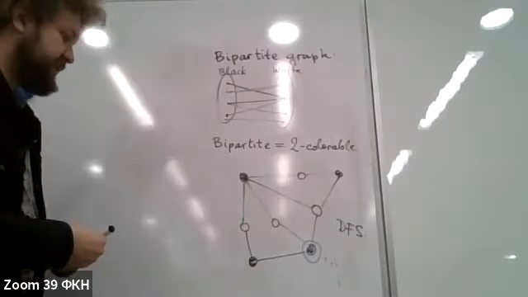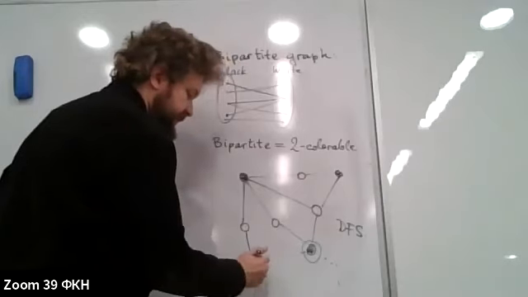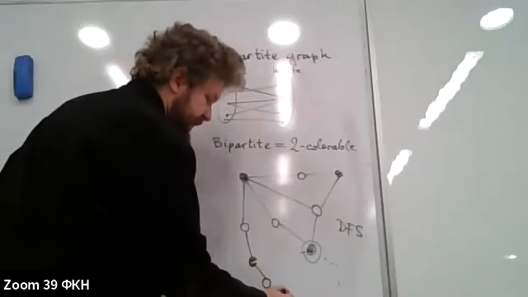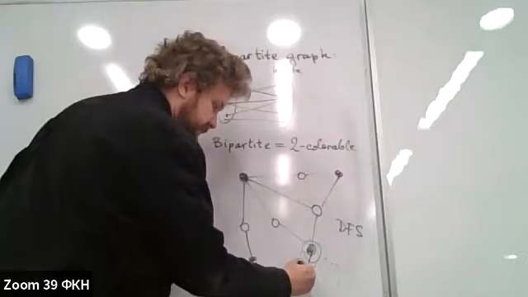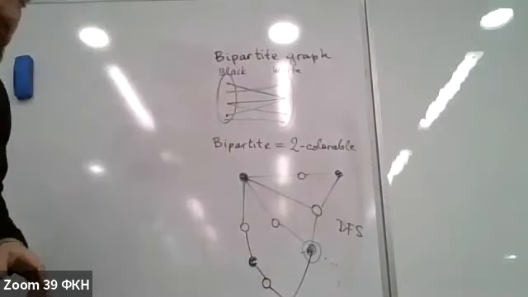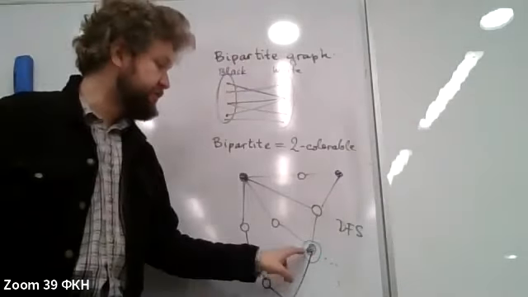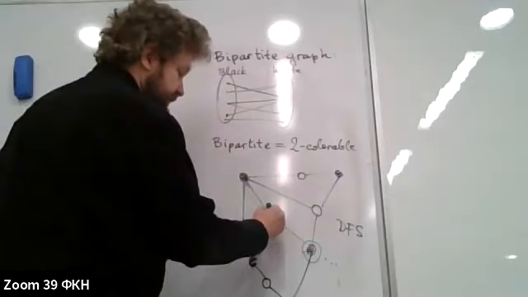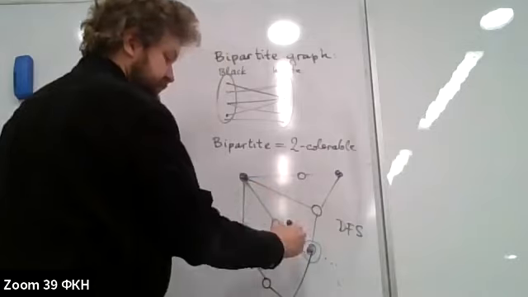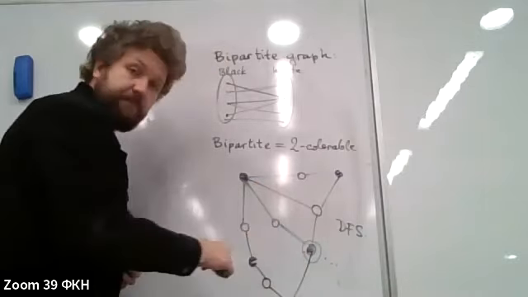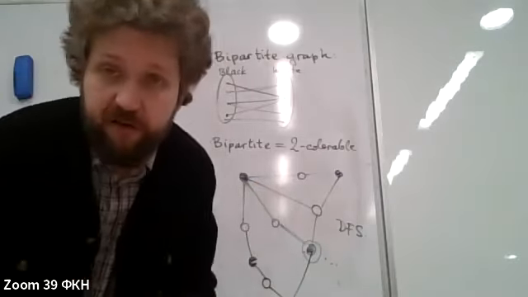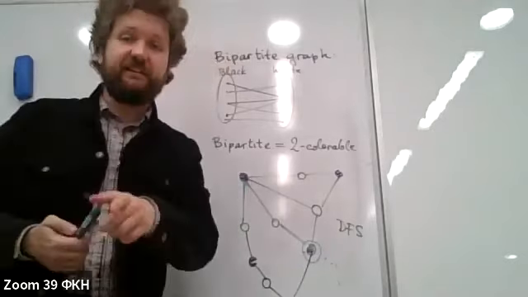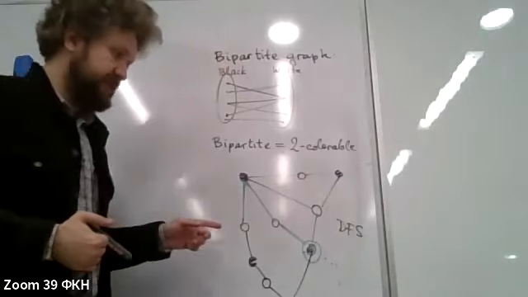Suppose that we did this, then we did this, then we did that, and then we returned here. So we did a long way and we returned to a vertex we already traversed. People are also answering in the chat.